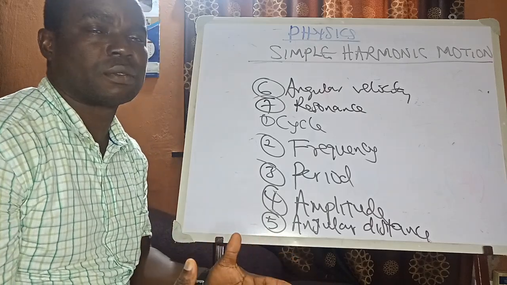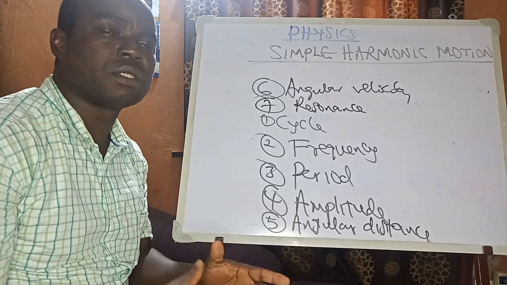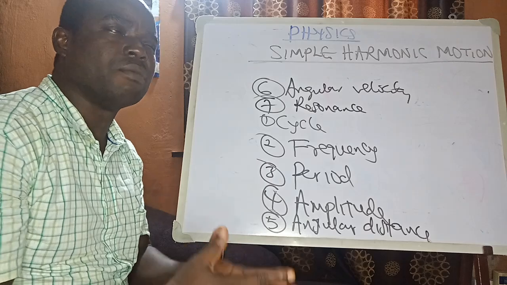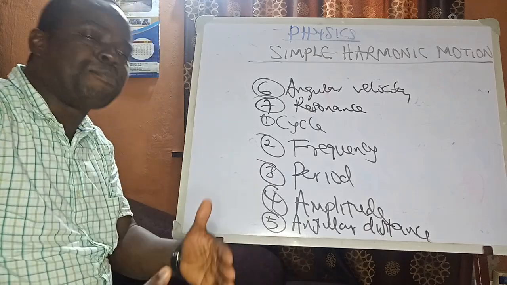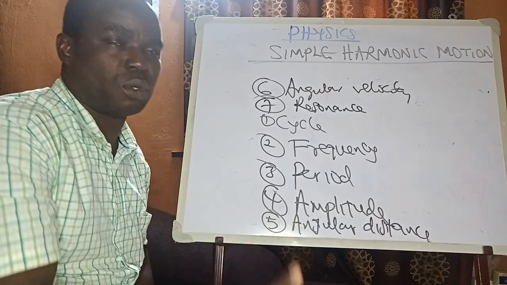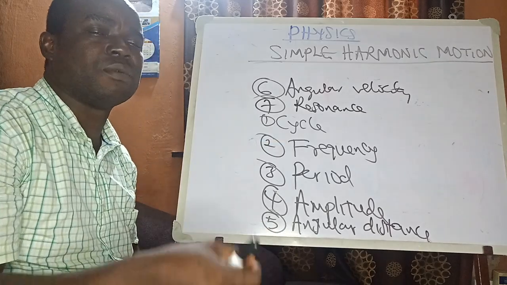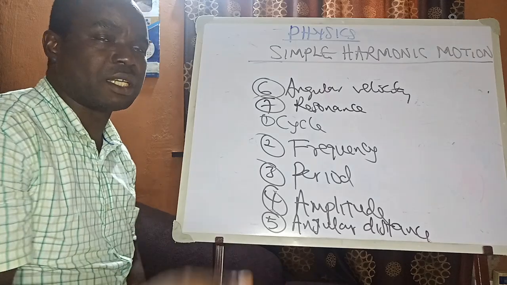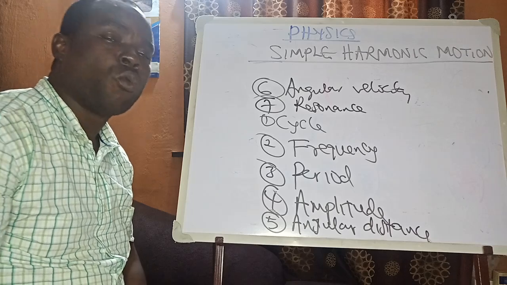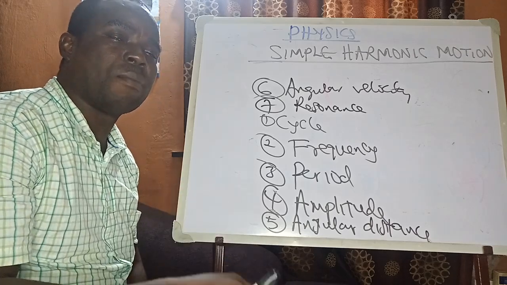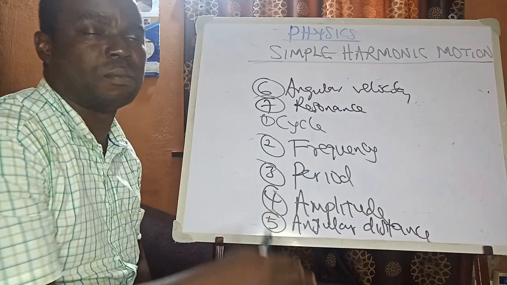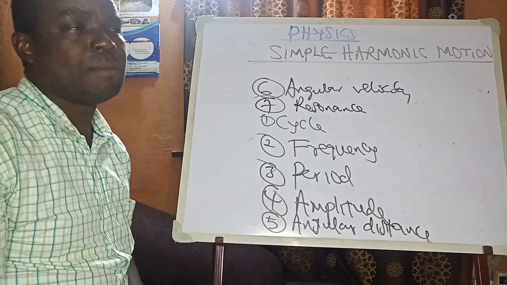Resonance is a phenomenon which occurs when the frequency of an external periodic force coincides with the natural frequency of an oscillating body. Let me give you an example of that.